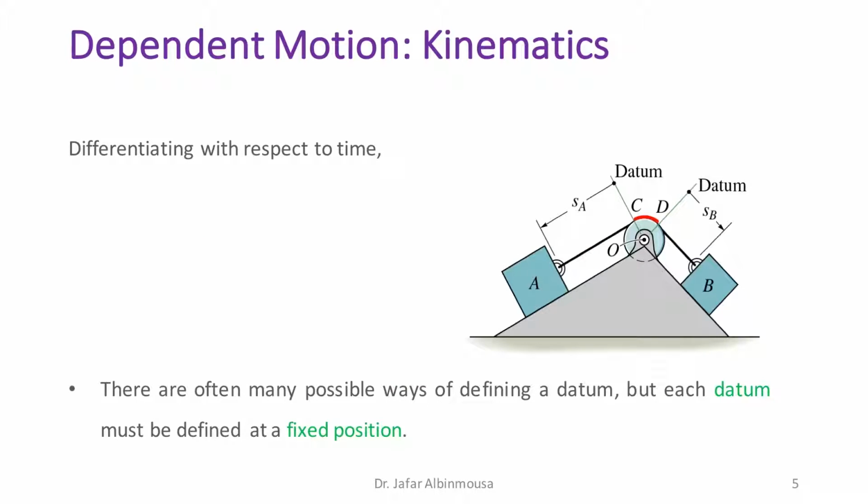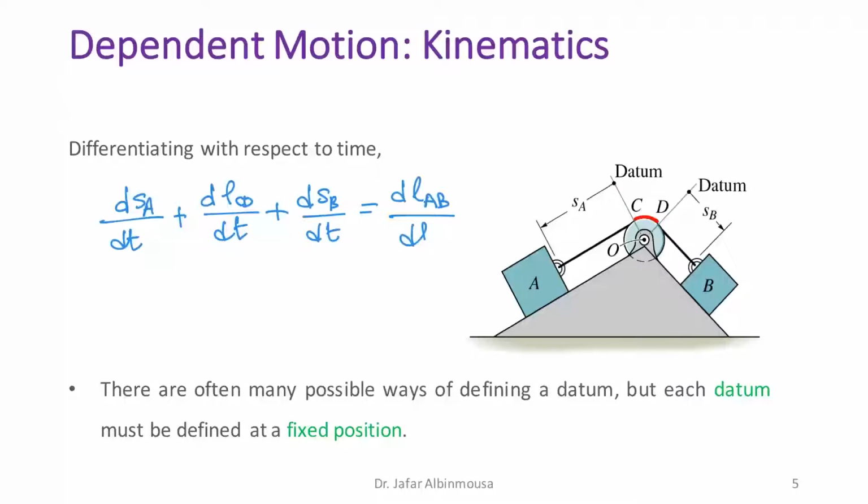Now, if we differentiate that cord or cable equation with respect to time, we are going to get dSA over dt plus d length CD over dt plus dSB over dt, which is equal to dL from A to B over dt.